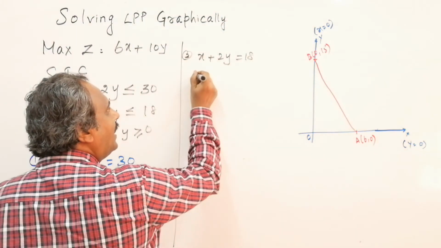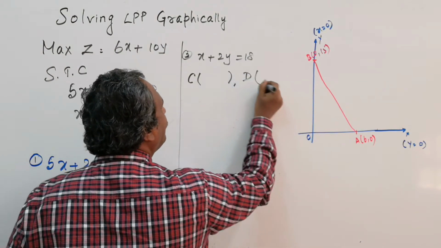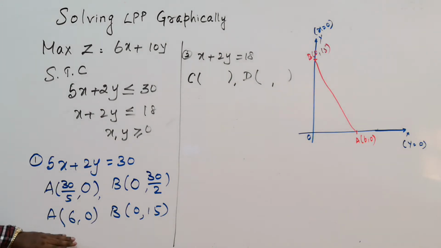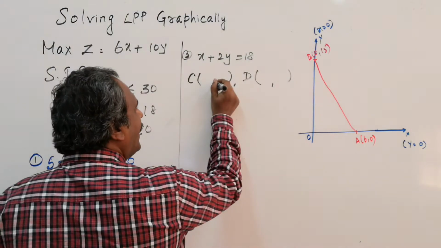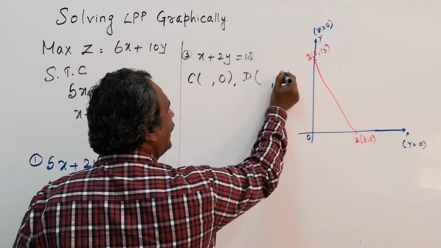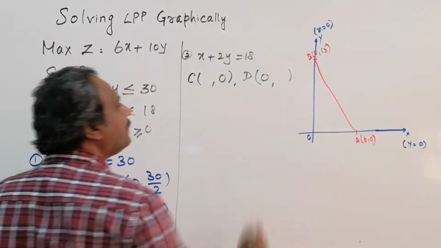From this I am going to find 2 points. One point I am going to take C, the other point D. For the first point, I am going to take the y value 0, and for the second point, I am going to take the x value 0.